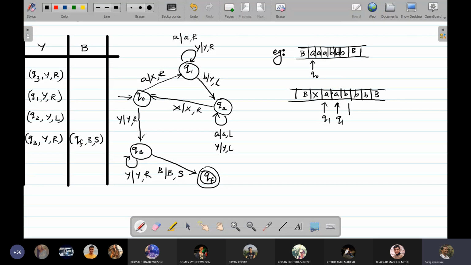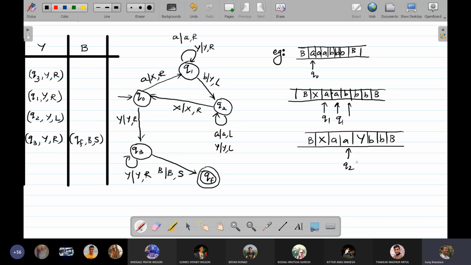When it comes to this B, it changes the state to Q2 and starts moving to the left. And your B is changed to Y. So first blank, X, then you have A, then you have this B, which is changed to Y. And we are here in the state Q2.